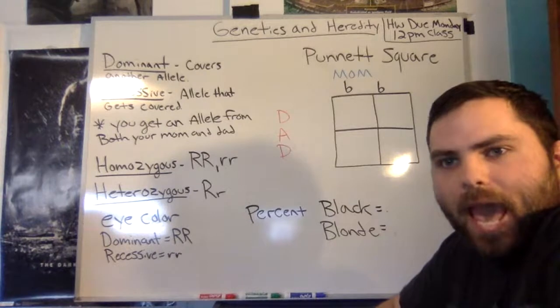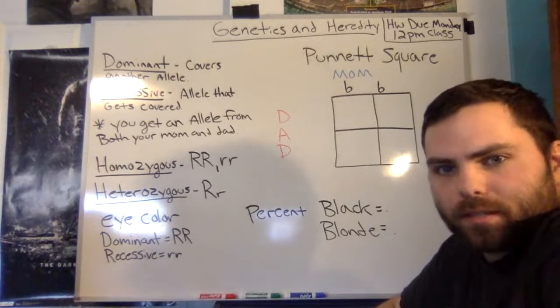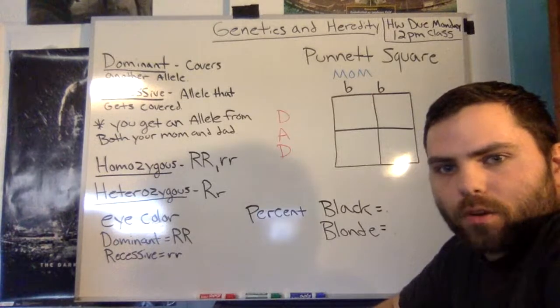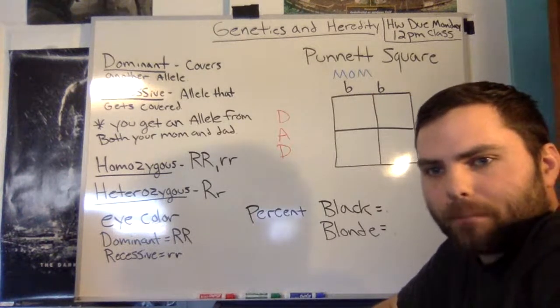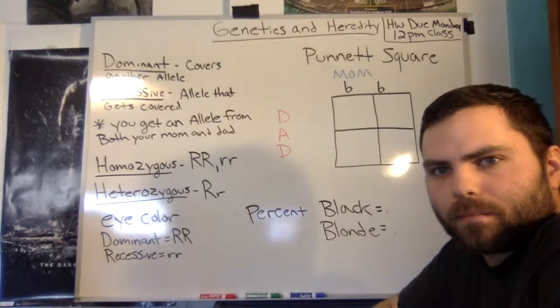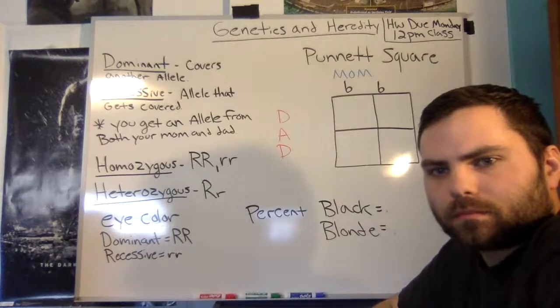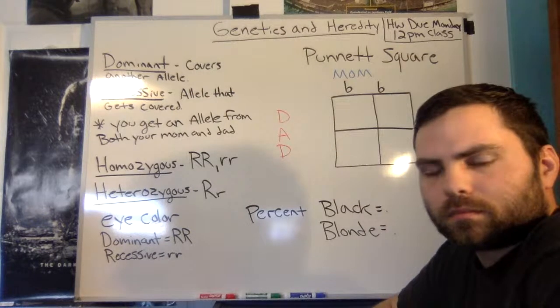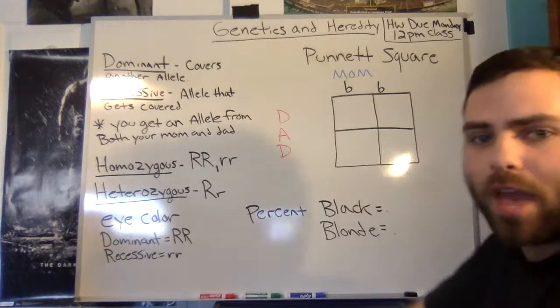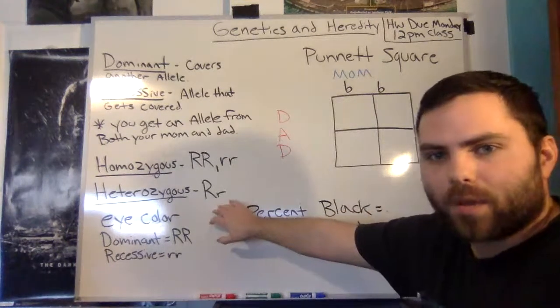we're going to say that dad has heterozygous genes. So heterozygous, does that mean both of them are the same or different? Different, right? Good. Okay, because remember, heterozygous, it's got to be an uppercase and a lowercase.